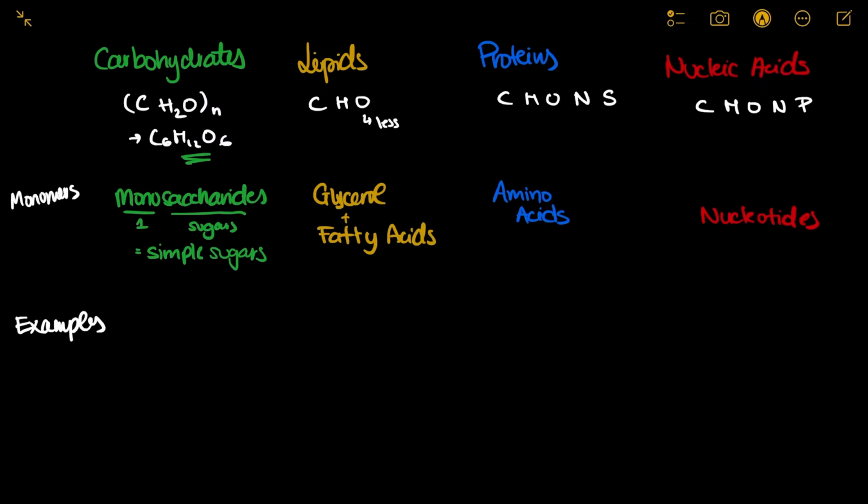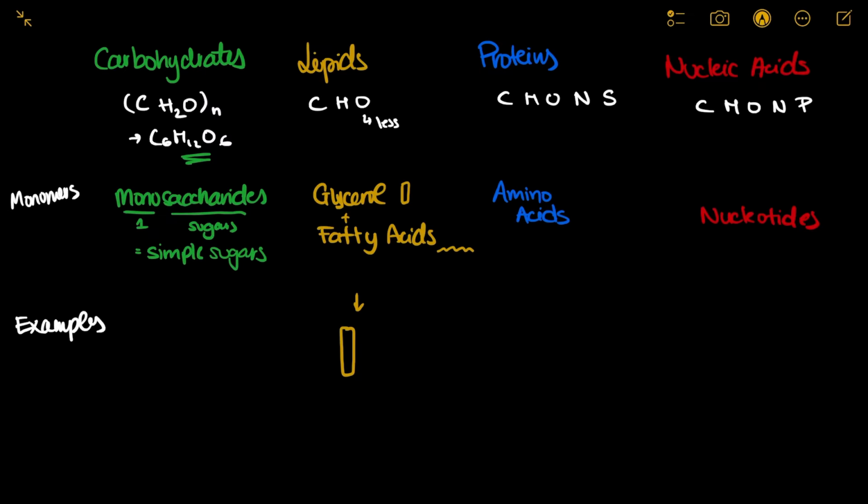And now let's look at some examples for lipids. So we've got the monomers, glycerol and fatty acids. So for example, one glycerol molecule, I'm just simplifying this and just making a box. So we're having glycerol just as this. There's a chemical formula, but we'll just skip it for simplified reasons. And fatty acids are mostly chains.